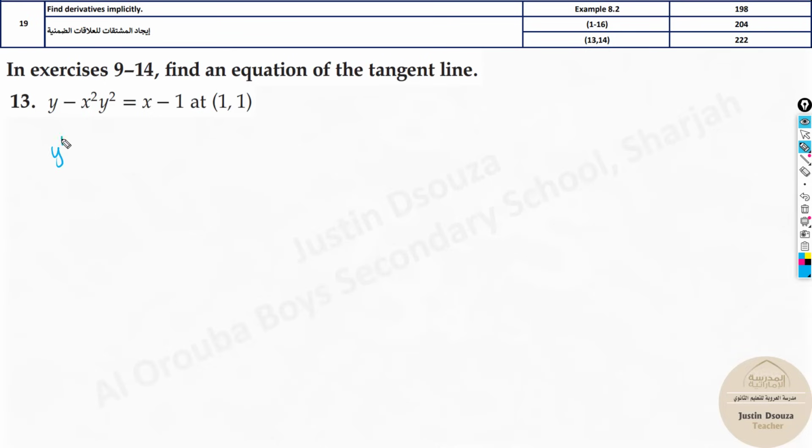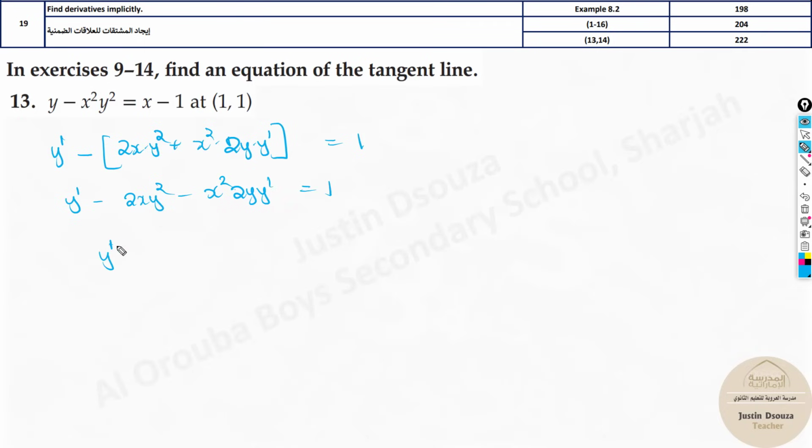Here you'll get y dash minus, there is a product rule here. It will be 2x into y squared plus x squared into 2y into y dash, that is equal to 1. This negative 1 becomes 0. Now minus is multiplied inside, so minus 2xy squared minus x squared 2y dash equals 1.